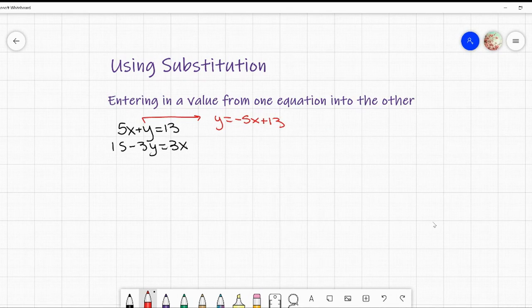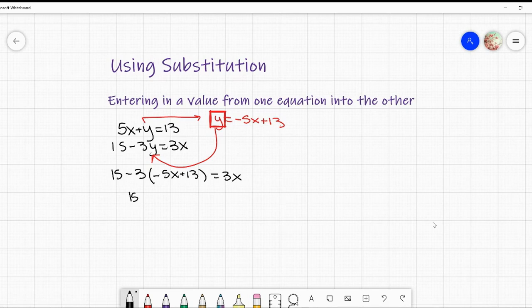Well, that's great because then we can plug this y for this y in the other equation. Instead of having a negative 3y, we'll have a negative 3 and multiply it by what this y equals. So that means we'll have 15 minus 3 and then put this y in. So negative 5x plus 13, and don't forget to finish off the equation equaling 3x.